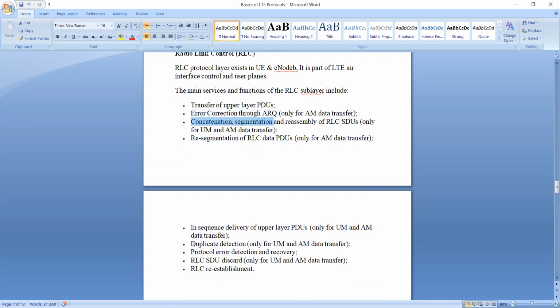Third point, duplicate detection. Yeah, these 3 points are enough. One more point you can add: it has three modes, TM mode, AM mode, and UM mode.